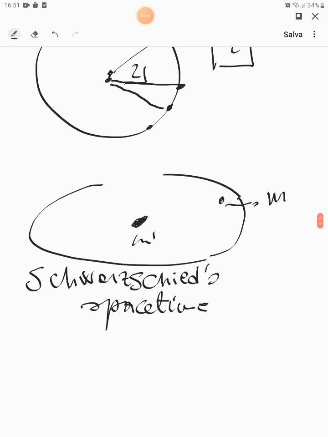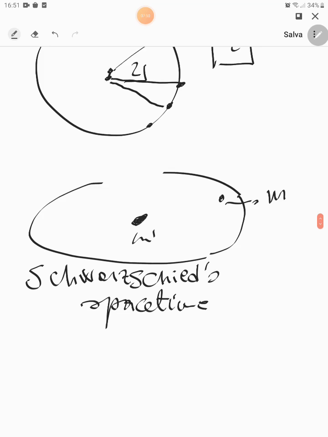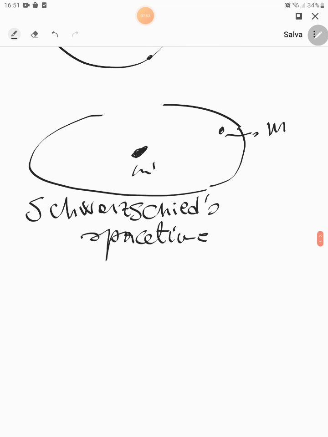We can use two different ways. The first way is using the geodesic equation. We find this equation again because it's very important in the theory of general relativity.